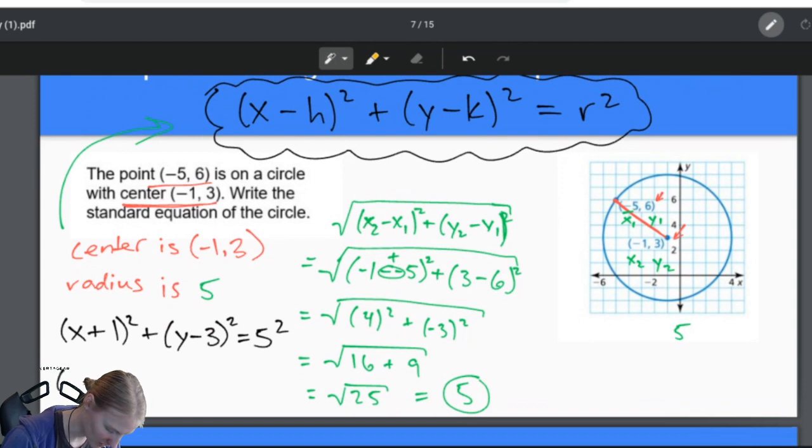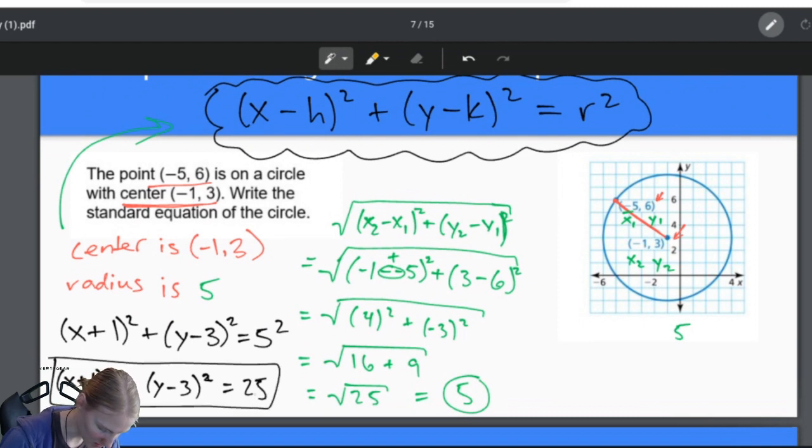And 5 squared is, you guessed it. Well, not guessed, you know it. Is 25. Ta-da! There you go. Oh my goodness, that is hard to see. Let's write that. 25. Perfect. Oh, there you go. Now you can see it. X plus 1 squared plus y minus 3 squared equals 25. Wonderful.